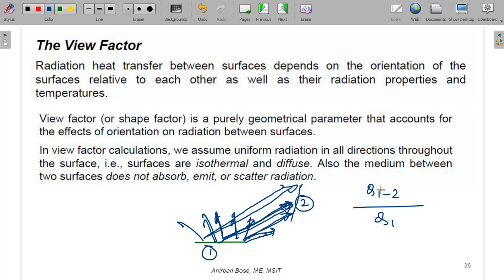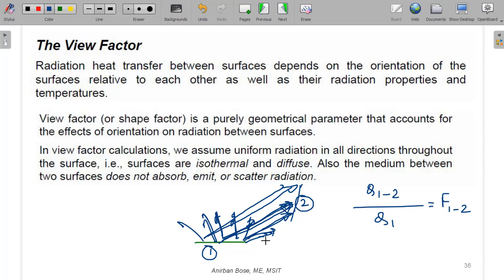So this particular ratio is called the view factor, which is generally symbolized by F from 1 to 2.